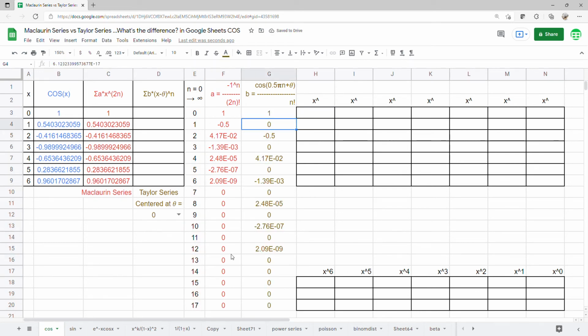You will notice the expansion coefficient of the Maclaurin has no interval compared to the Taylor series.